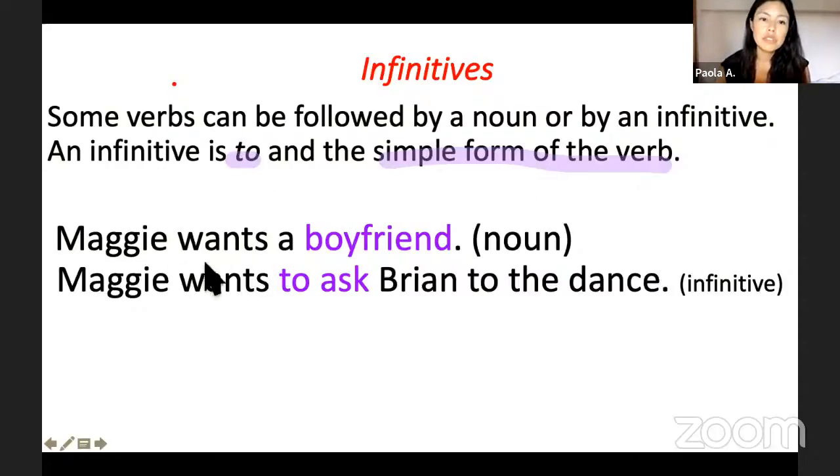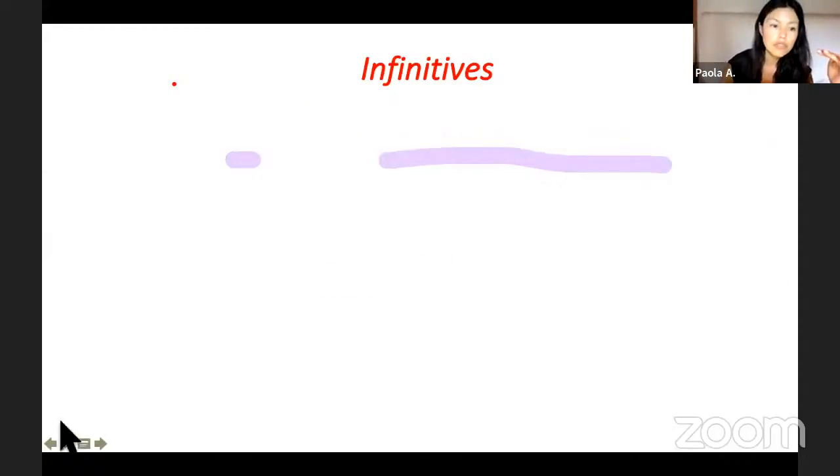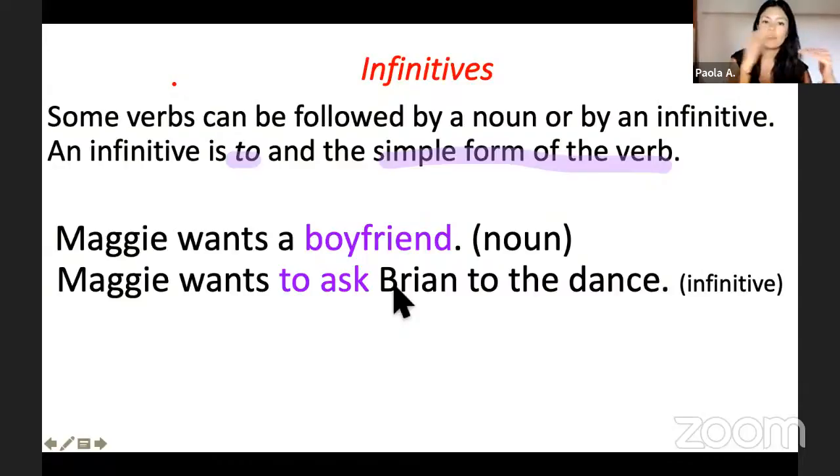Because this verb want is in the list of verbs used with infinitives, every time we see want, if we are giving more information, or introducing another person in the sentence, we can use a verb in infinitive form, but it could be any verb, right?